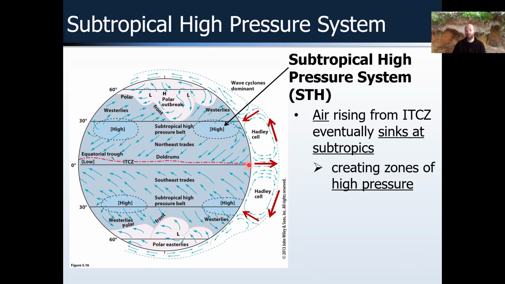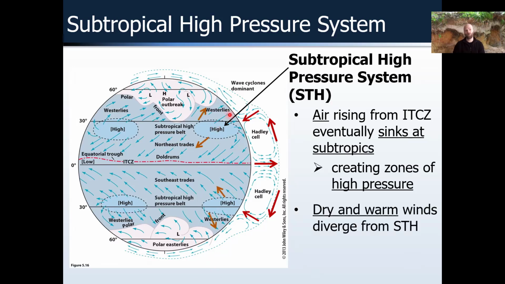Because you have this massive amount of air always ascending here above the ITCZ, and then it's being drawn poleward, and eventually it needs and wants, so to speak, to sink. It's all sinking nearly at the same place, and then it hits Earth's surface, it descends, and it diverges at Earth's surface. And so you have this diverging air system at the subtropical high pressure.